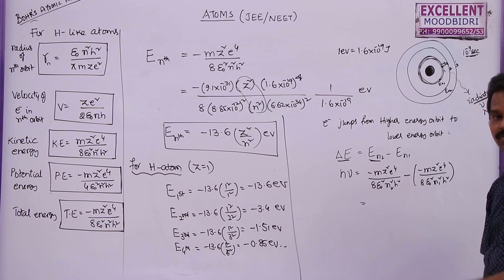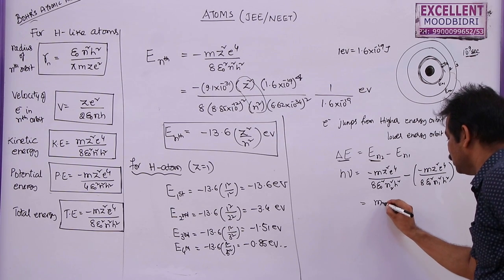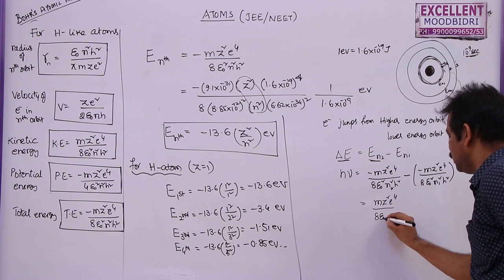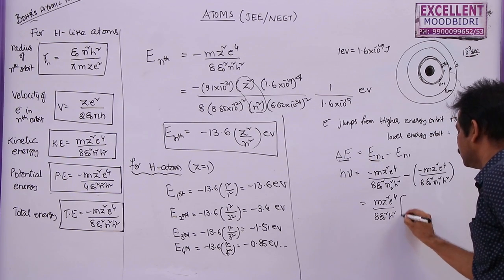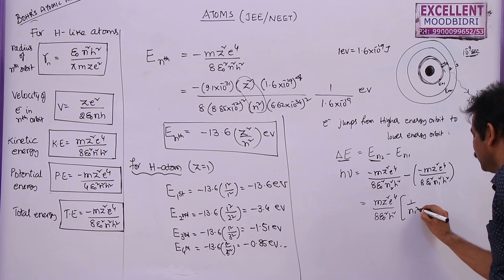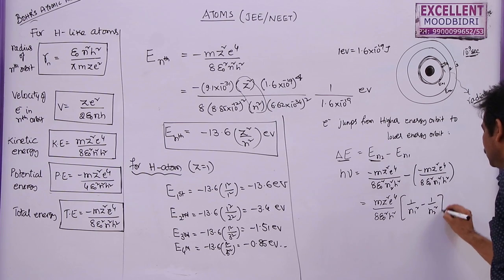So, here what is constant? The constant terms are m z square e power 4 by 8 epsilon naught square h square. Minus of minus will become plus. This will become 1 by n1 square minus 1 by n2 square.